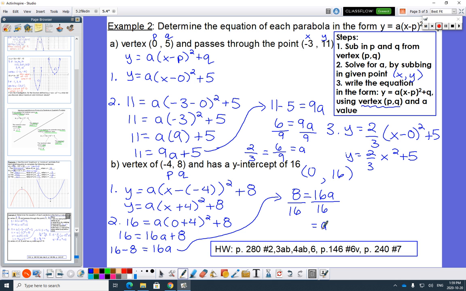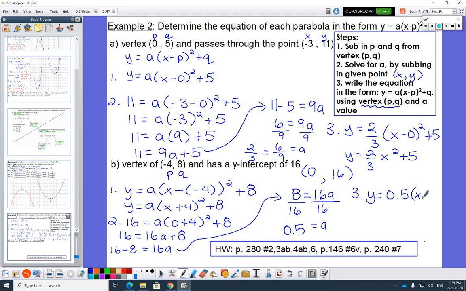And this time, I'm going to use a decimal because it doesn't matter. You can use 1/2. You could have reduced 8 over 16. That's totally fine. Step number 3, plug in the a value. I did step 2.